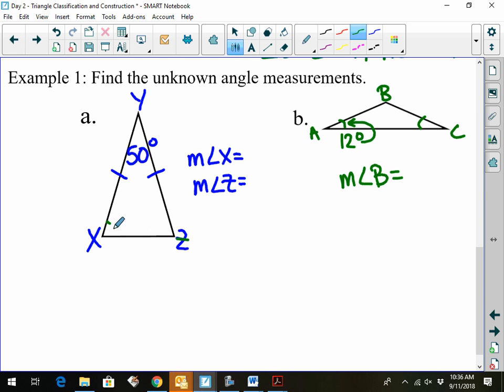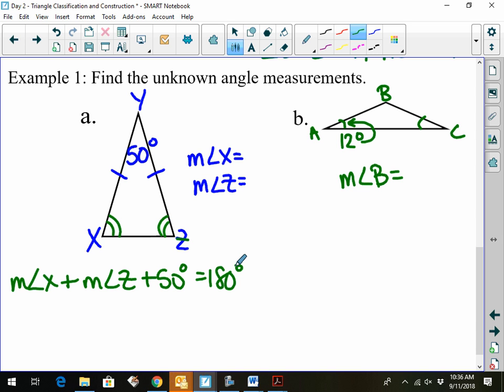And we know that these angles down here must be congruent to one another. So because of that, and we also know that all the angles in a triangle sum to 180. So what we're doing essentially is saying the measure of angle X plus the measure of angle Z plus 50 degrees equals 180 degrees.